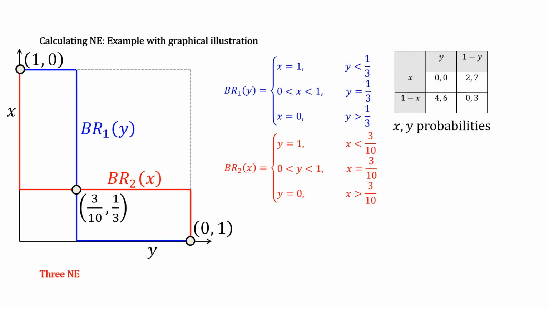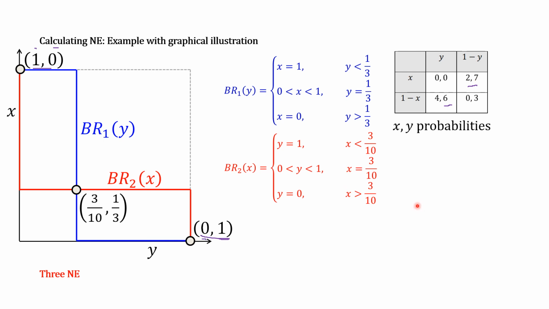Why is it that when we applied the principle of indifference earlier, we could not get these 2 pure Nash equilibria? Here x is 1 and y is 0, and here x is 0, y is 1. Why did we never get these 2 Nash equilibrium points?